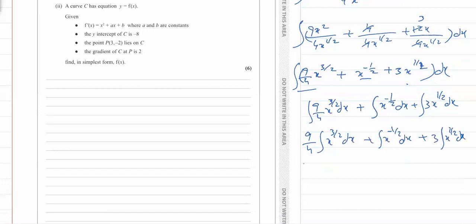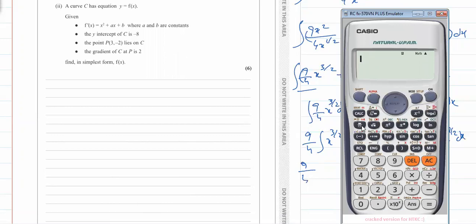So we are going to get from here 9 over 4, add 1 to the power and divide by the same, because now it's in the simplest form and without a power its derivative is 1, which multiplies with that one. So 3 over 2 plus 1, I will get 5 over 2.